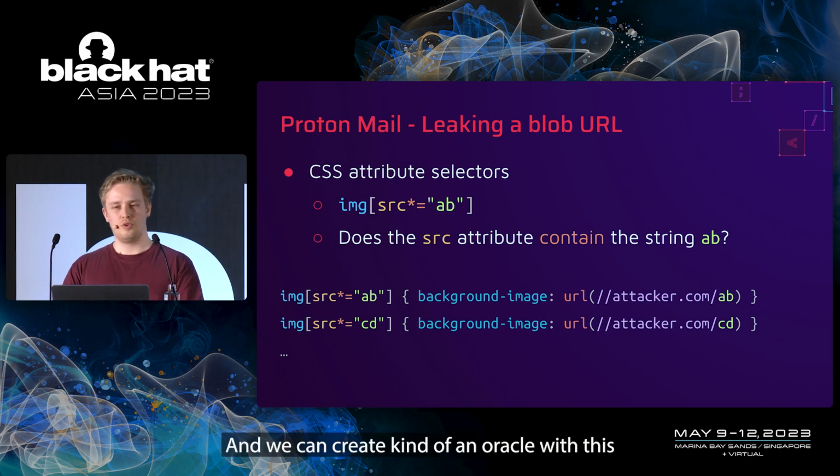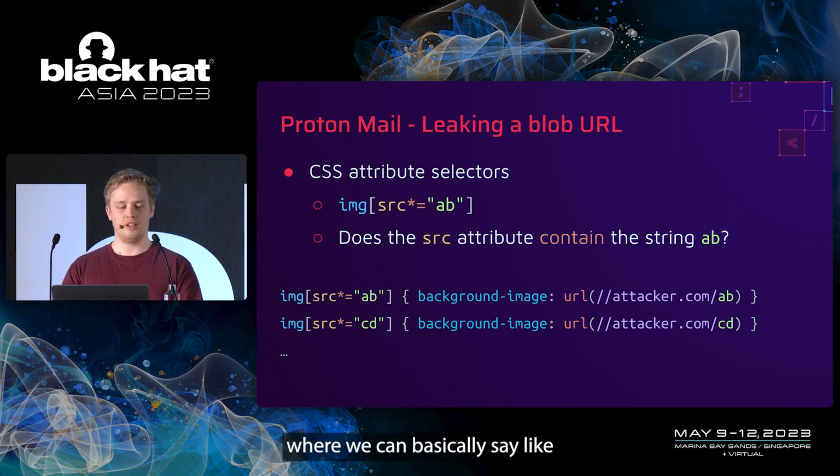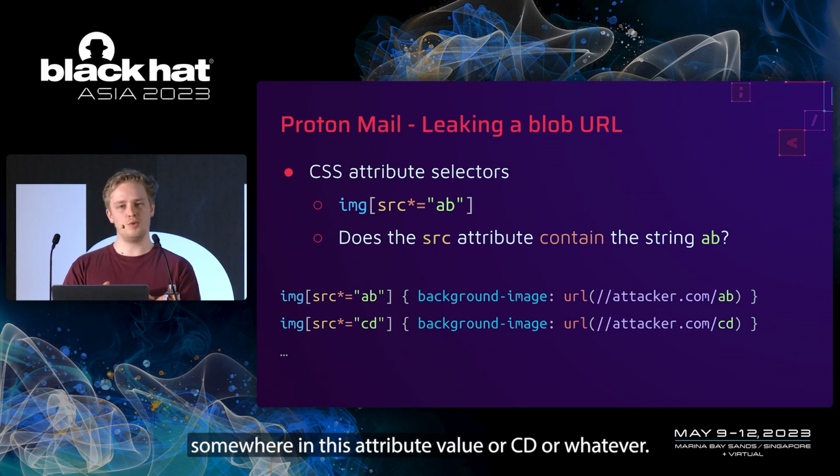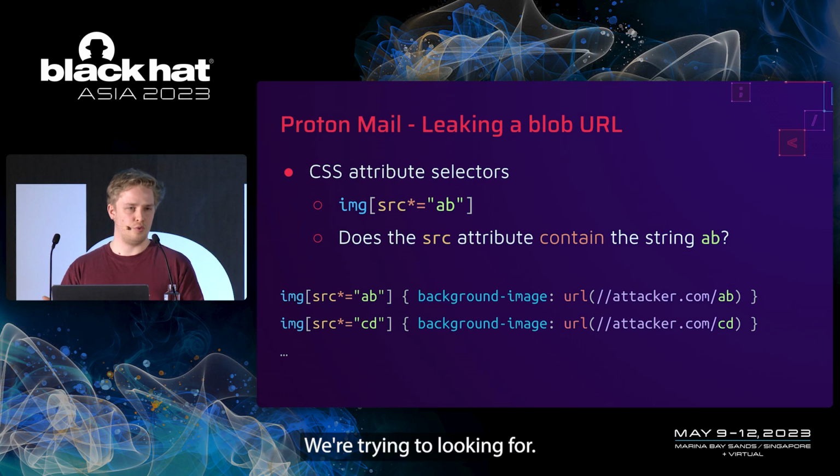And we can create kind of an oracle with this, where we can basically say, like, if this attribute of that tag contains a string that we are looking for, then send this request to the attacker server, and the sending the request works by just specifying a background image with a URL, and then when rendering, the browser will just fetch this image because it has to show it. So then the attacker server would know, okay, there's an AB somewhere in this attribute value, or CD, or whatever we're trying to look for.